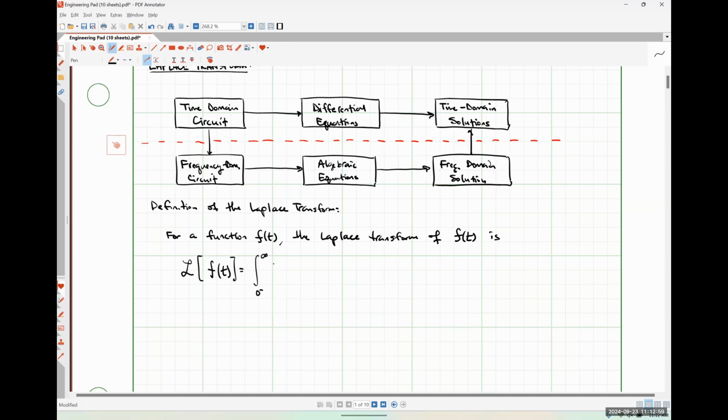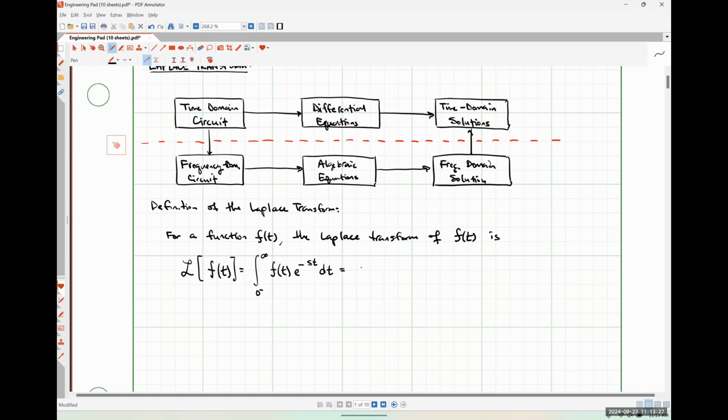So that is the instant before t is equal to 0. So I am taking into account any stored energy in capacitors and inductors by starting my integral at 0 minus of f of t times an exponential e to the negative st dt.